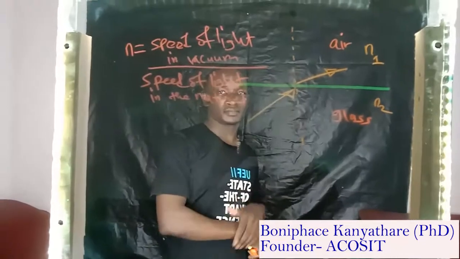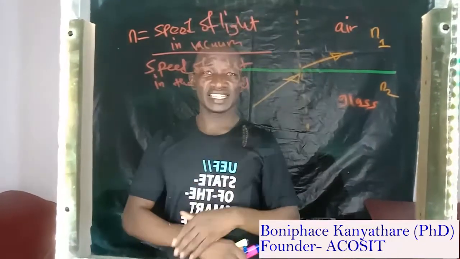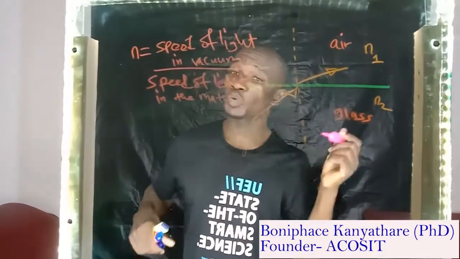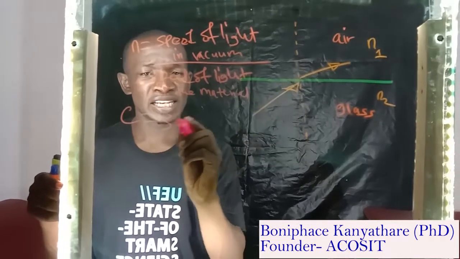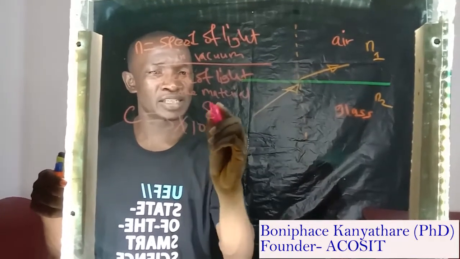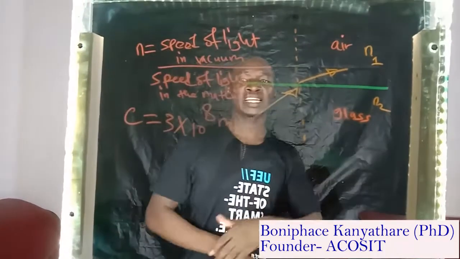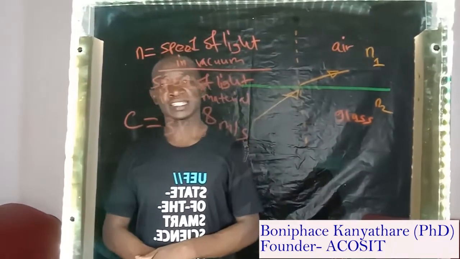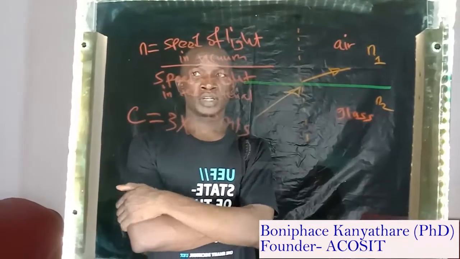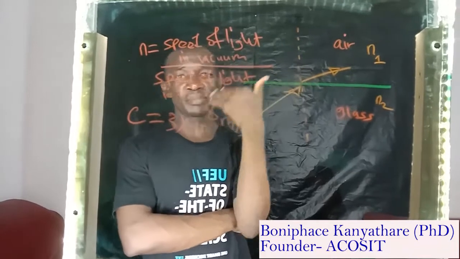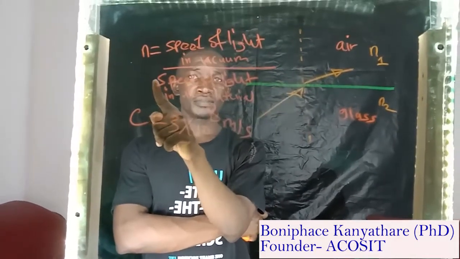That is N. Refractive index is the speed of light in vacuum, which we all know. We know the speed of light in vacuum is C equals 3 times 10 power 8 meters per second. This value was predetermined by the early pioneers of light and the early scientists who actually worked with light. So it is a constant. So speed of light in vacuum divided by speed of light in the material medium, we get refractive index.